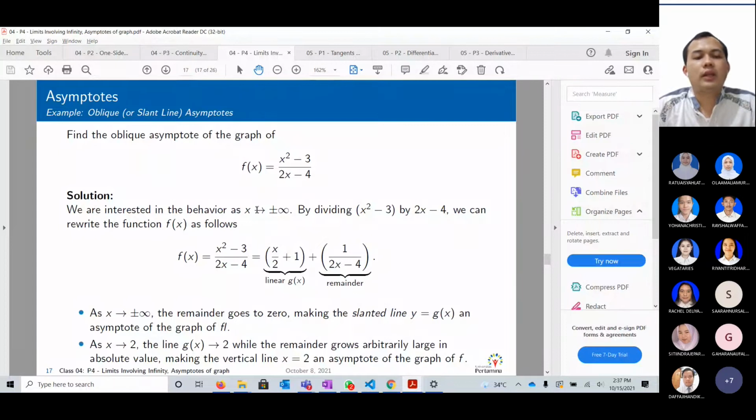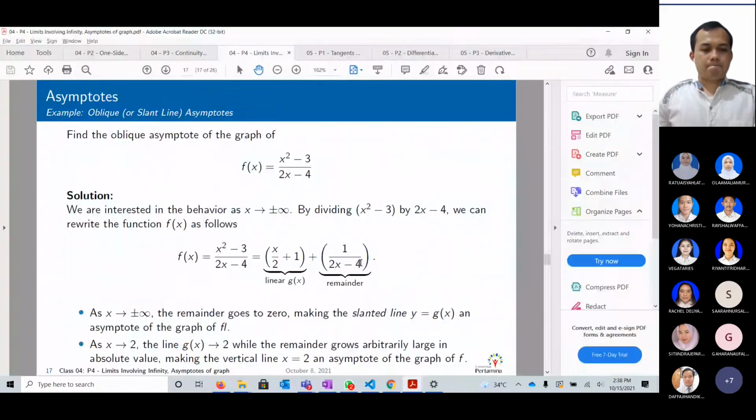Okay. How to find asymptote is we want to find the behavior of the function as x goes to positive or negative infinity. So in this case, to find the non-horizontal asymptote, what we do is we rewrite this function as the linear part plus the remainder.